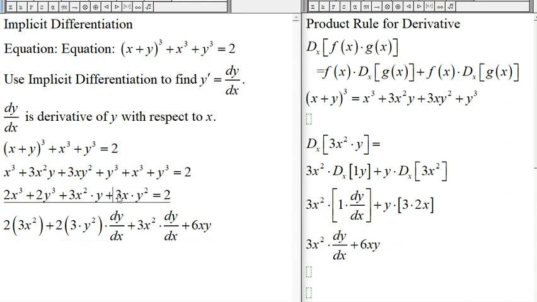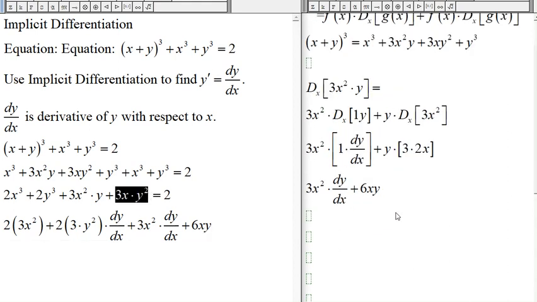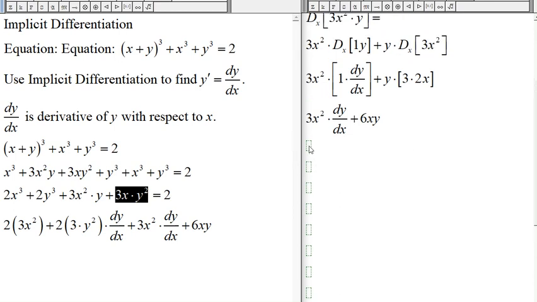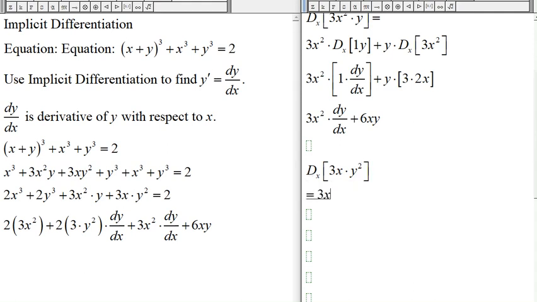And then now we need to do derivative for the 3x plus y squared. So this would be 3x times the derivative of the y squared, and then plus y squared, and times the derivative of the 3x.